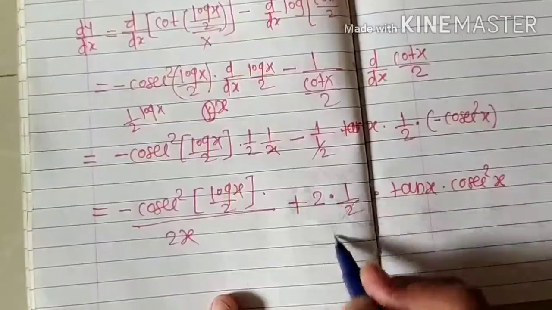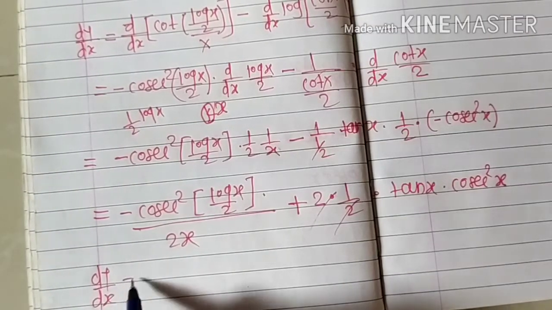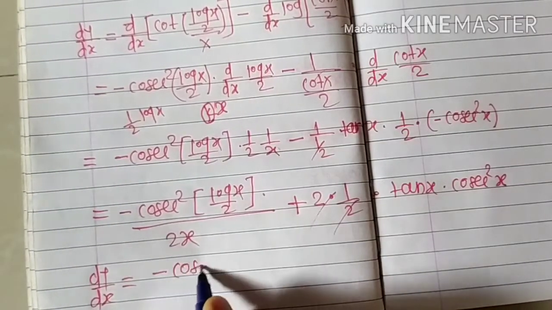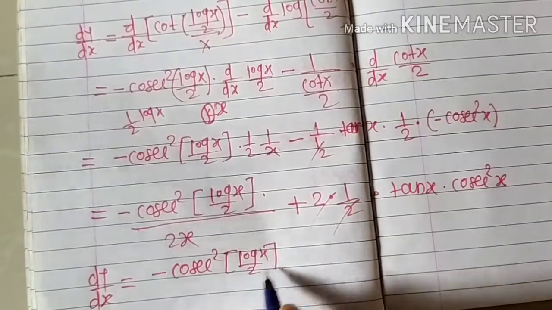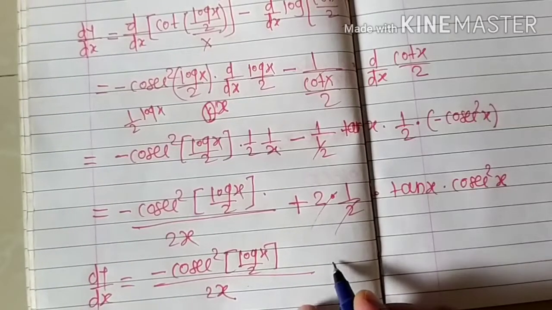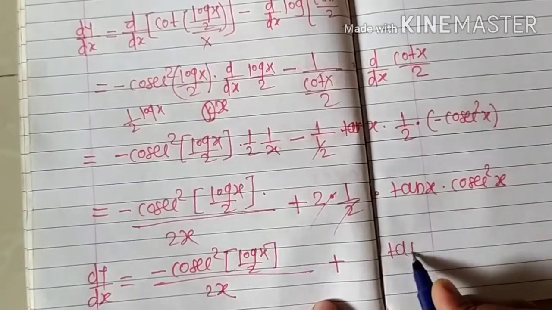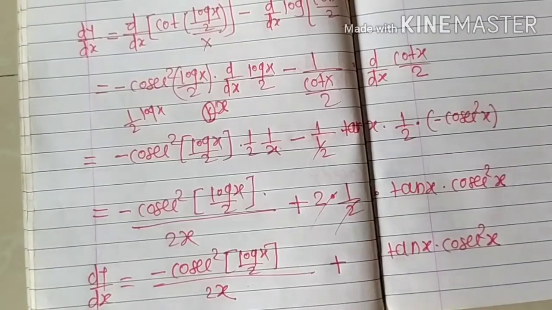Okay, and then this 2 gets cancelled. Then dy by dx is equal to, we get minus cos x square of log x divided by 2, divided by 2x, plus tan x into cos x square of x, which is the value of the derivative.